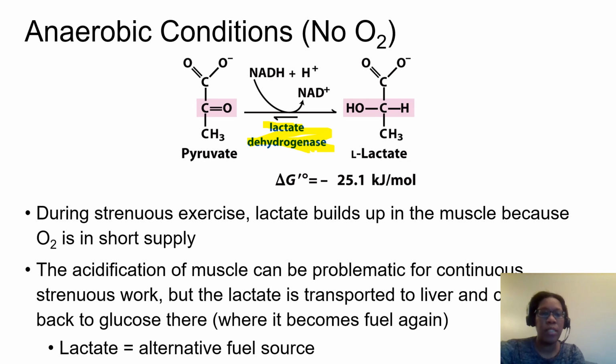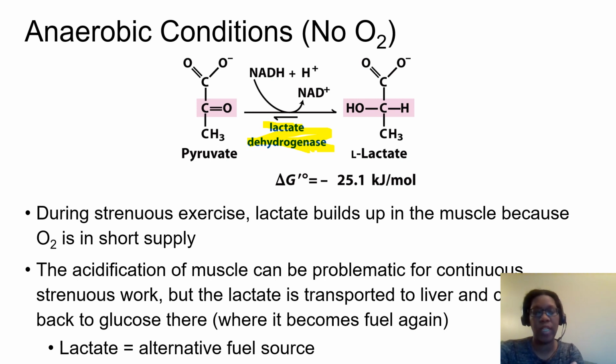Now, this process of converting pyruvate to lactate can't go on for very long because the acidification of muscle can be problematic. And actually, you can only do a sprint for about a minute before you actually need to generate energy in a different way. The lactate doesn't give us energy itself, but the lactate is an alternative fuel because it can be transported to the liver, and then it can undergo gluconeogenesis, where we can convert it back to glucose.